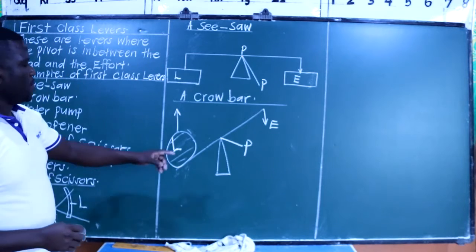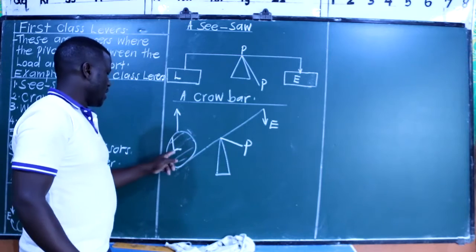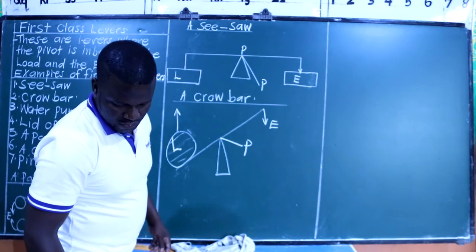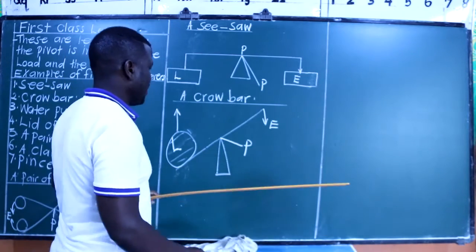So with a crowbar, the pivot is in between the effort and the load. That's why it is categorized under first class levers.